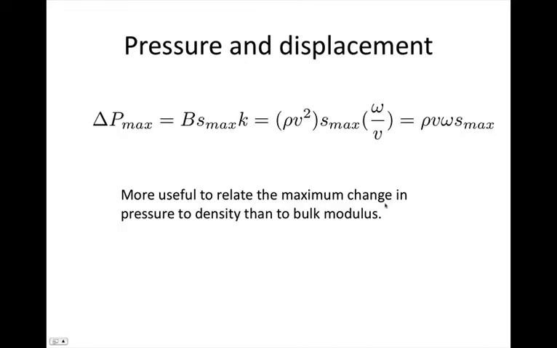Okay, so let's have a look at how pressure and displacement are related. We can consider the maximum values. So we've said that the change in the pressure is equal to B k S max sine(kx minus omega t). Now the maximum value for this is going to be when this sine is equal to 1.